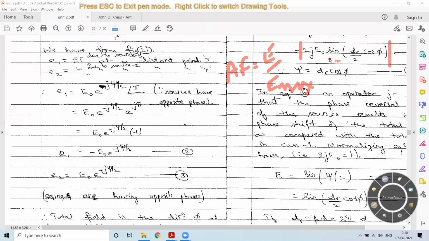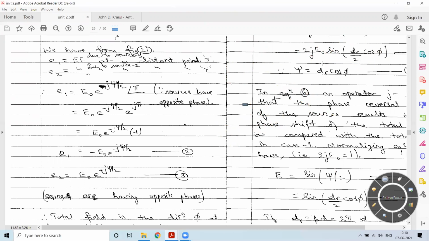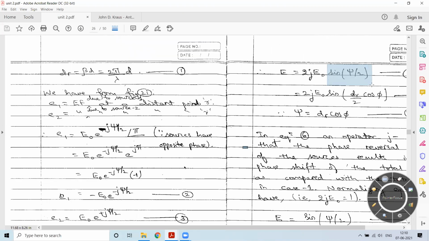You observe that this sine parameter can have a maximum value of 1, and this one can have a maximum value of 2 times j into E naught. But when you consider the magnitude, the value turns out to be 2 times E naught. So when I equate this, I'll be having an array factor of sine psi by 2.